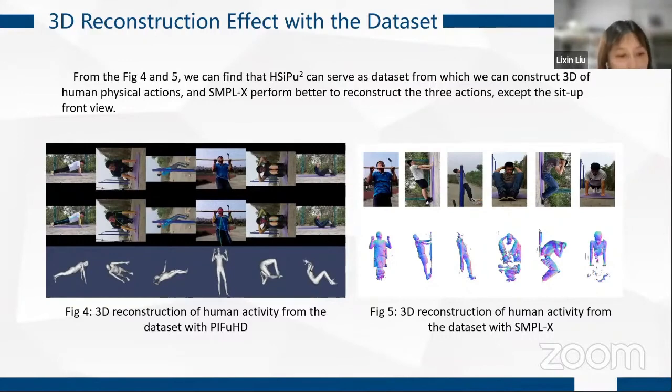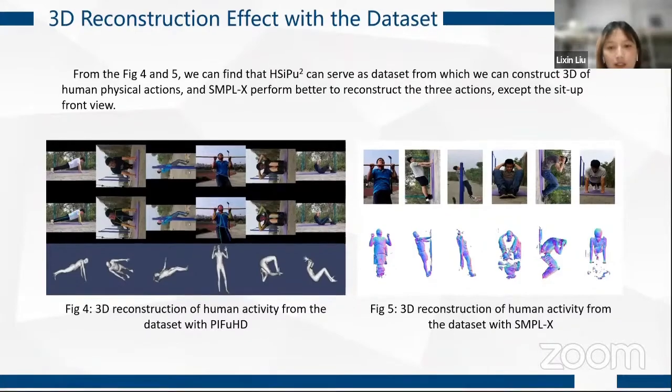From figure 4 and figure 5, we can find that the data set can serve as the data set from which we can construct a 3-dimension model of human physical actions. Thank you.